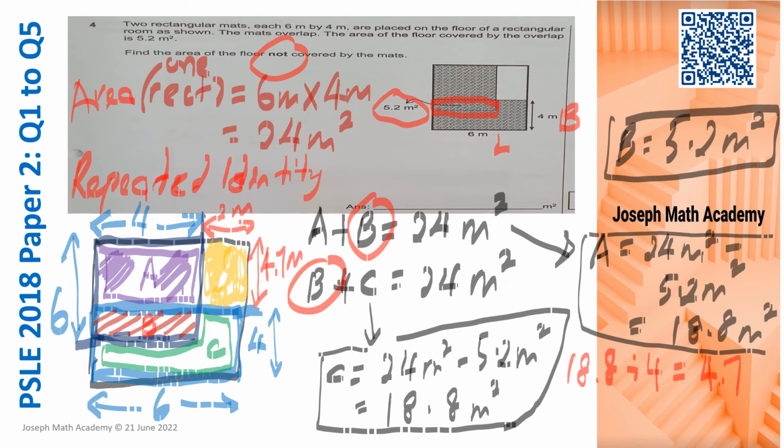So the one that is in yellow is the uncovered portion. So the uncovered portion is 4.7 times 2. So 4.7 times 2 is 9.4.